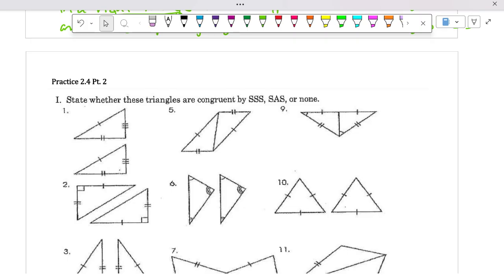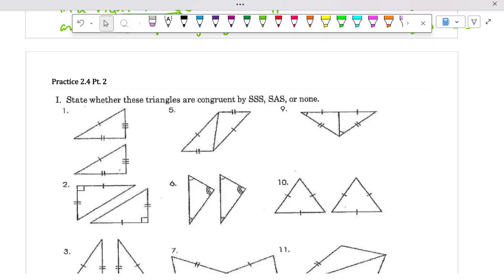We're going to do a little game here. I want you guys to tell me what postulate is showing that those two triangles are congruent for each one with a show of fingers. So if you just have a fist up, that means there's not enough info to show congruence.